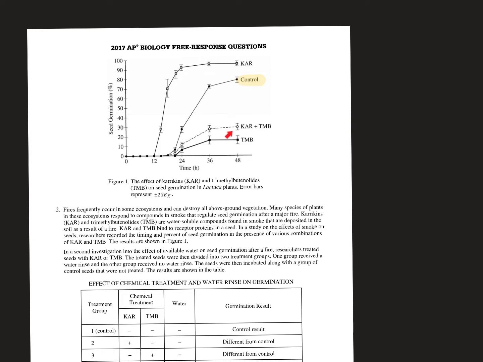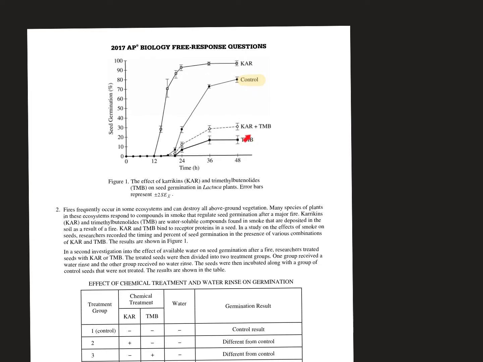Then you can see that this one maxed out at about 22 and this one maxed out at about 12 or 13. So the control group is doing a lot better than either one of these two. Whatever advantage carrageenans give them, it looks like TMB takes some of that advantage away. In fact, it hurts them substantially. TMB by itself hurts it the most.